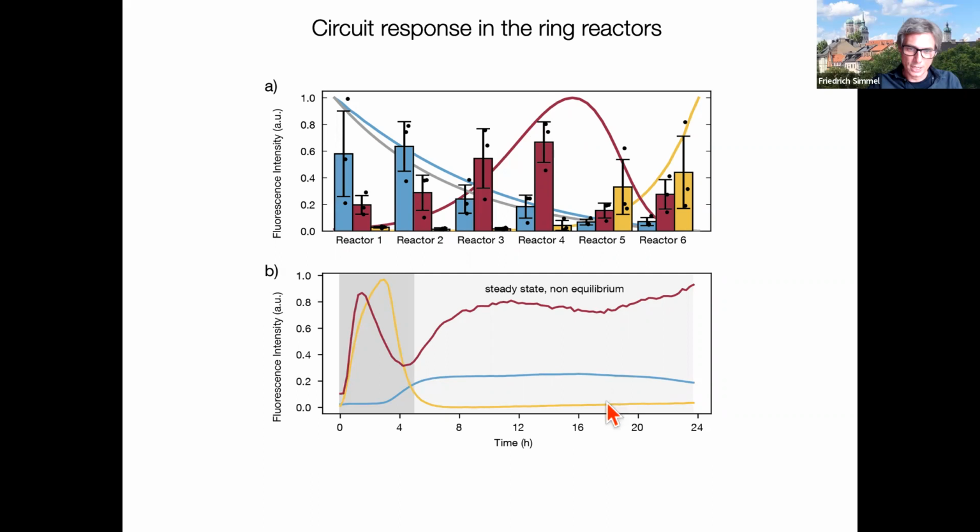And here you also see, when you monitor our reactor, for example, reactor 4, over time, that there's an initial phase where the behavior is simply not the one that we would desire for this kind of pattern forming circuit. But after, let's say, 5 hours, this initial transient is over and we settle to a steady state non-equilibrium state.